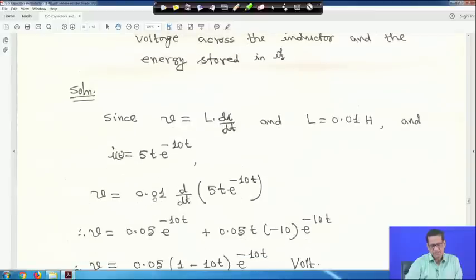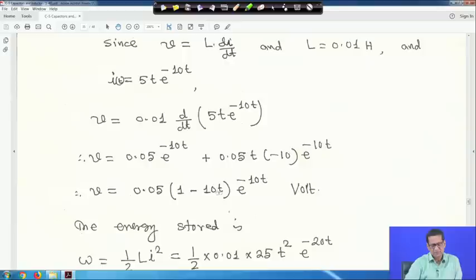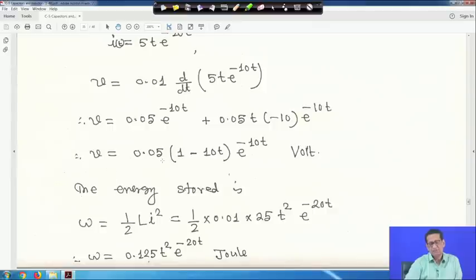So v is equal to L times d/dt of i. Taking the derivative, it becomes 0.05 e to the power minus 10t plus 0.05t into minus 10 e to the power minus 10t. If you simplify, v is equal to 0.05 into (1 minus 10t) e to the power minus 10t volts.